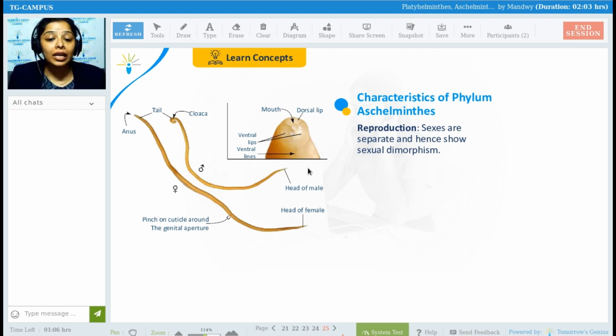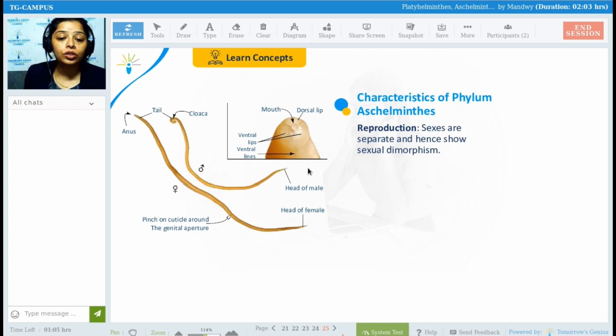Male consists of penile spicule, okay, and they have a cloaca. As you can see in the image, they have a cloaca, which is not there in the female, right? So these are the differences. Clear? Please write down the difference between male and female Aschelminthes.